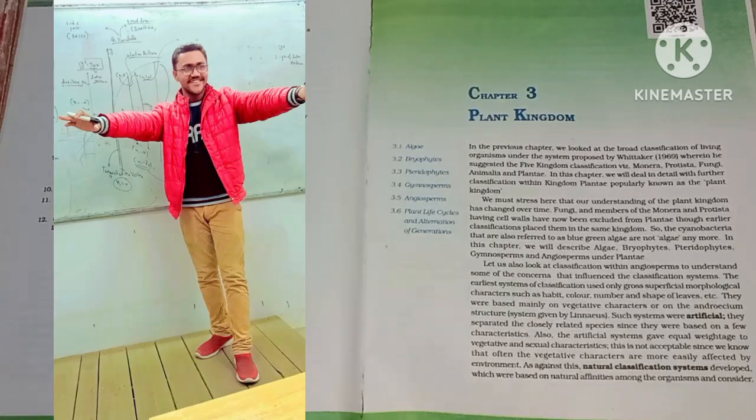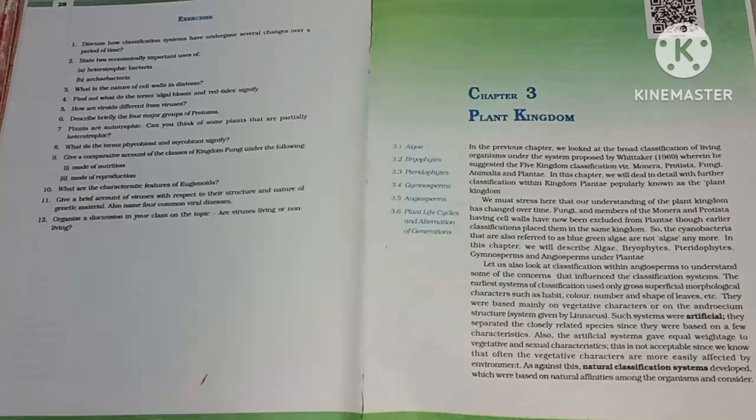Let us also look at classification within angiosperms to understand some of the concerns that influenced the classification systems. The earliest system of classification used only gross superficial morphological characters such as habit, color, number and shape of leaves, etc. They were based mainly on vegetative characters or on the androecium system given by Linnaeus.